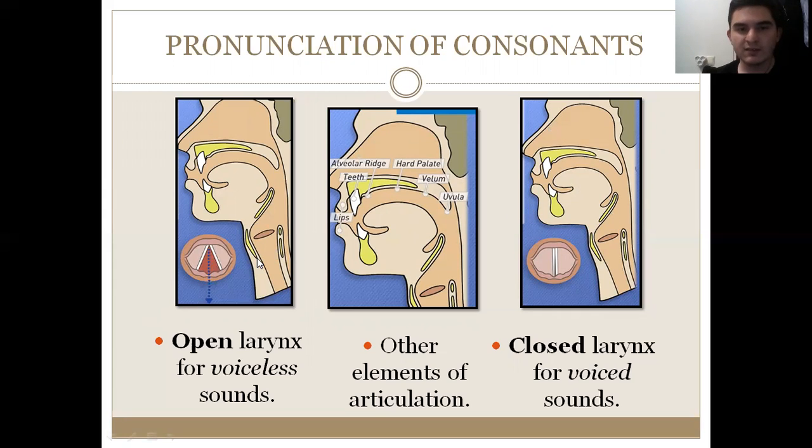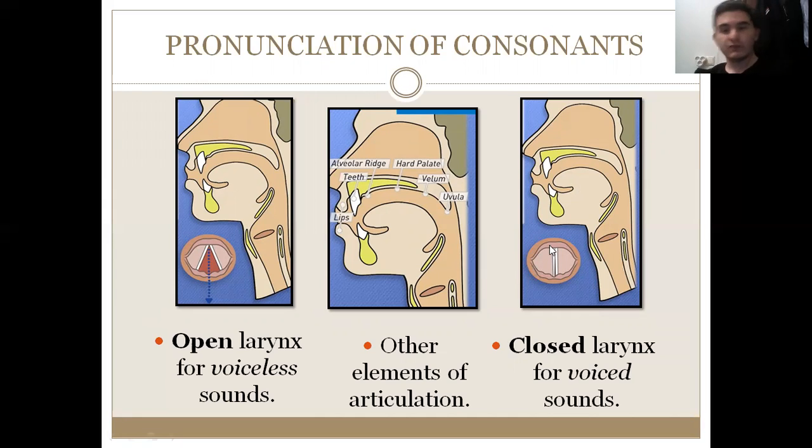So if your vocal cord is open and the air comes from your lungs and pushes through the vocal cord without any hesitation, right? By having an open vocal cord, you can create voiceless sounds like s.